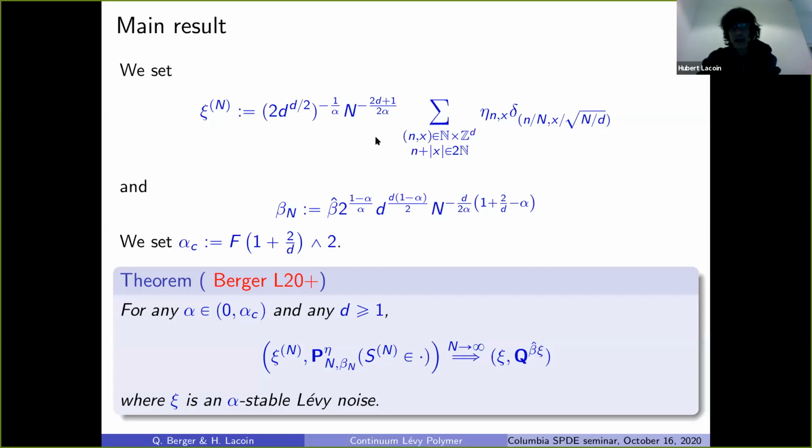If you take the environment on these sites, rescale diffusively, and multiply by the right factor, then you have joint convergence of the environment and of the measure to the white noise, the alpha stable Lévy noise, and the continuum polymer.